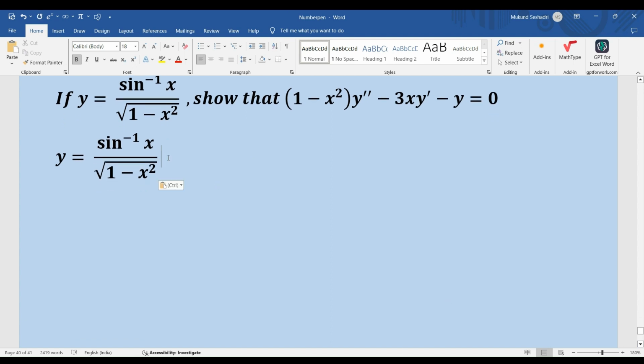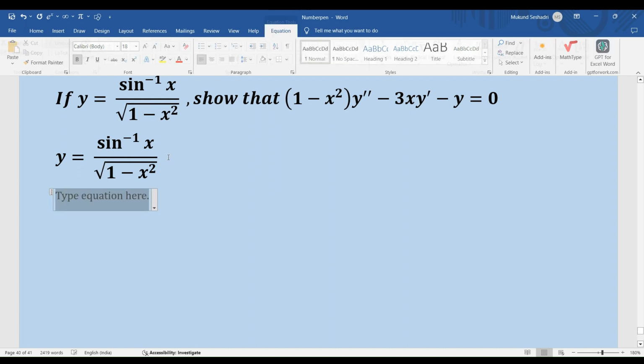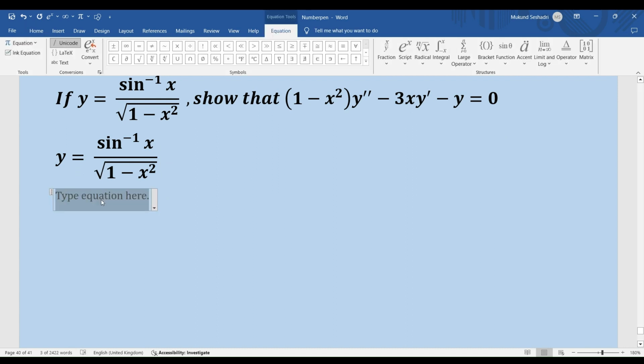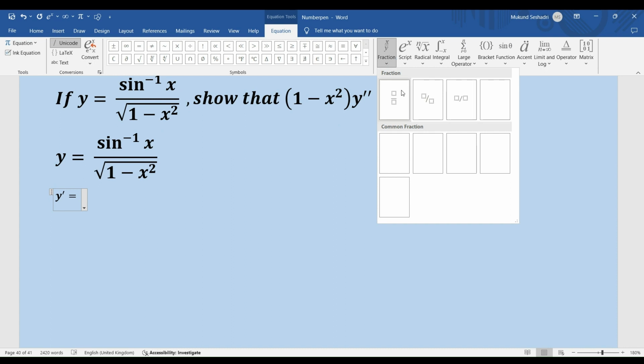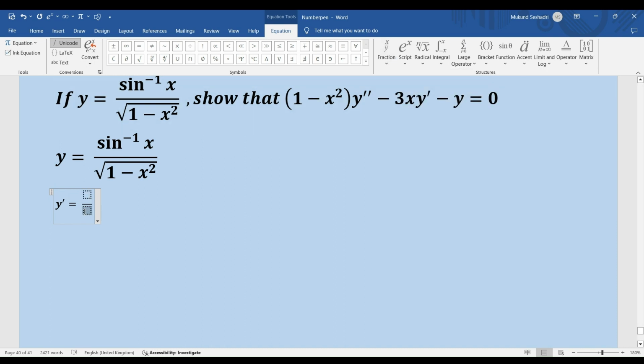So let's apply the quotient rule, and let's see what do we get for our y dash, right? So I'm going to write my y dash using the quotient rule. My quotient rule, when I apply, what do I get? I square the denominator first. This is what my quotient rule states. And when I square the denominator, what do I get?